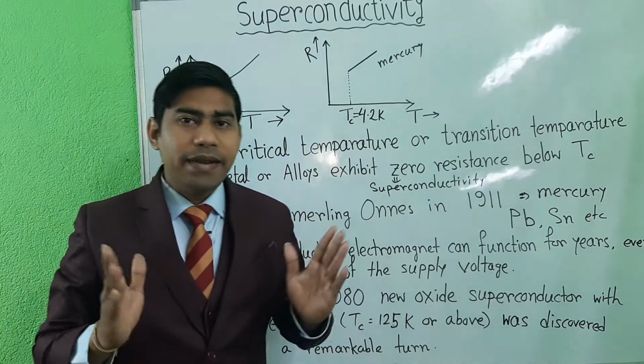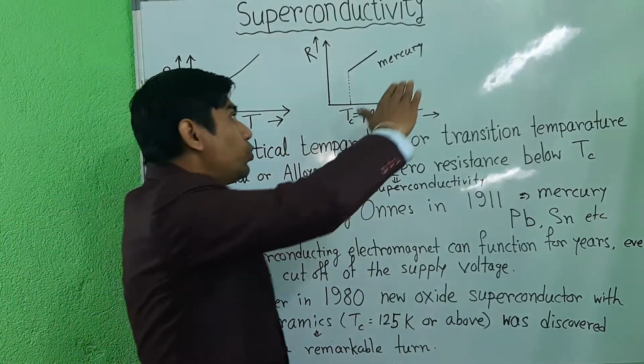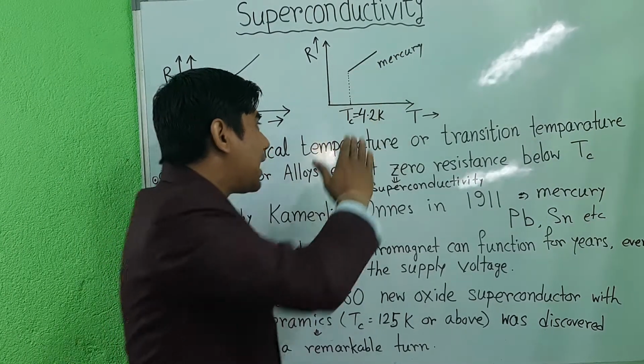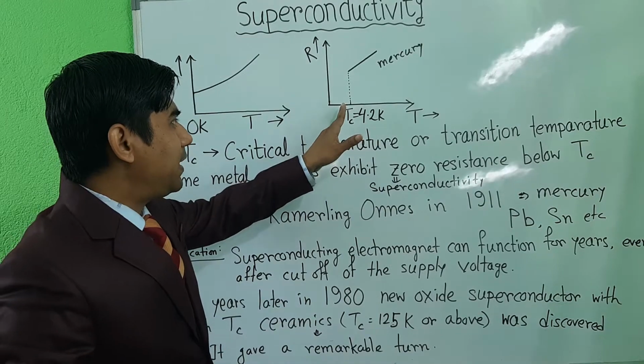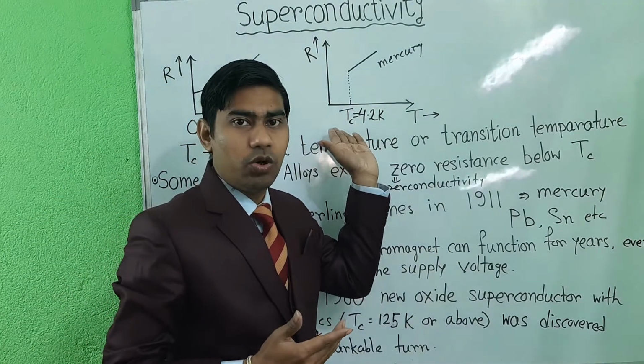But there are some metals or alloys for which we can see that with decreasing temperature, resistance decreases, but after a particular temperature, resistance suddenly drops down to 0. Okay.